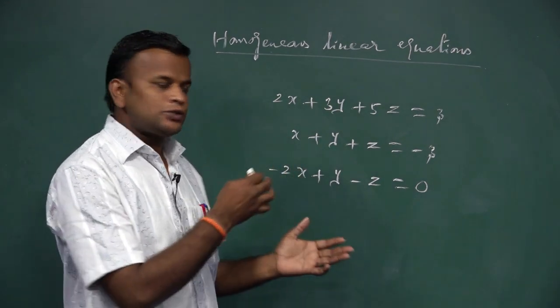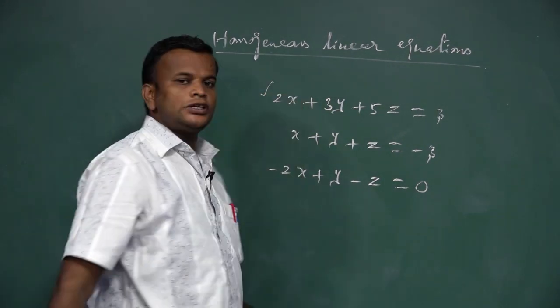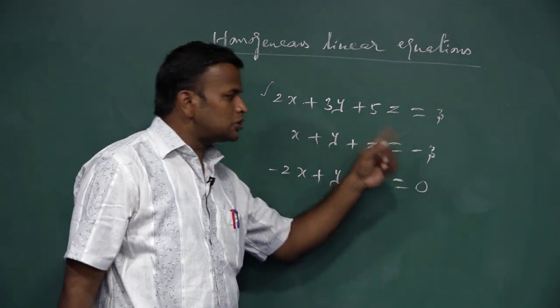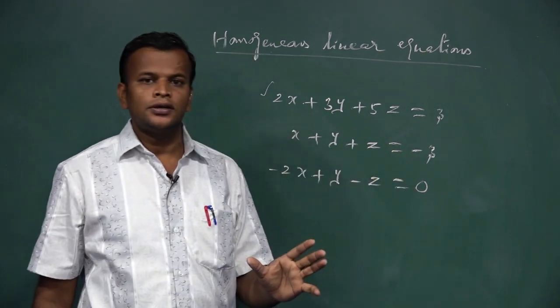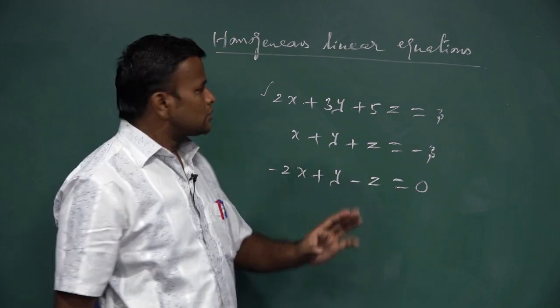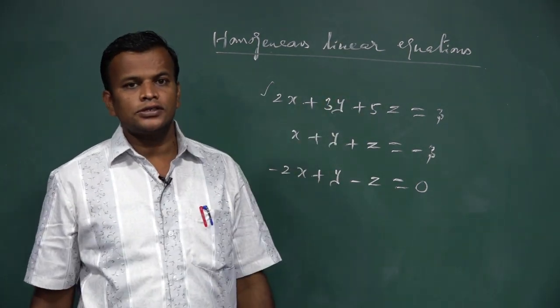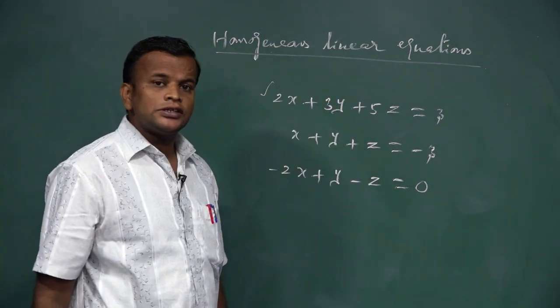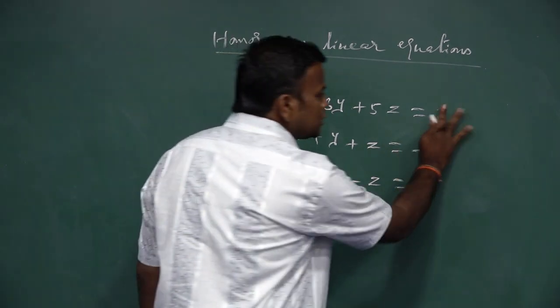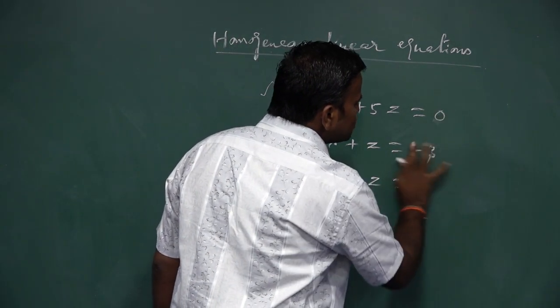In the previous classes, we saw all are non-homogeneous linear equations. If any one of the equations has a number other than 0 on the RHS, it is called a non-homogeneous linear equation. A homogeneous system means all the RHS are 0.